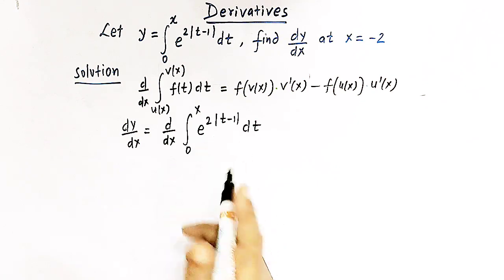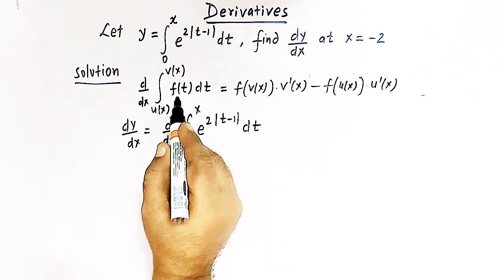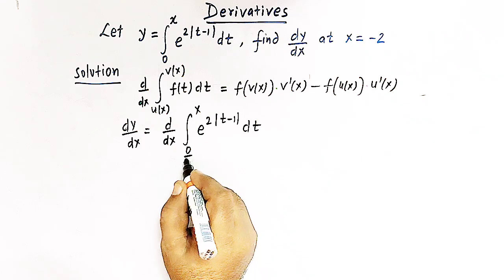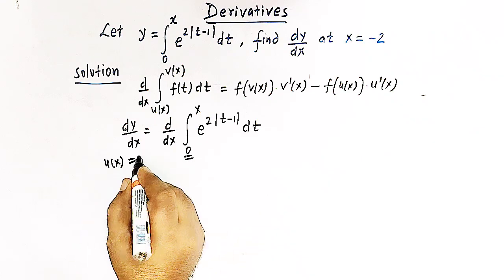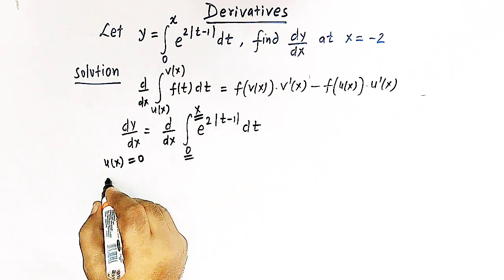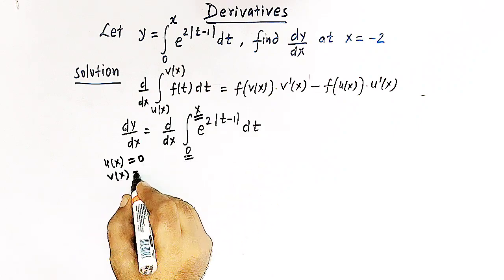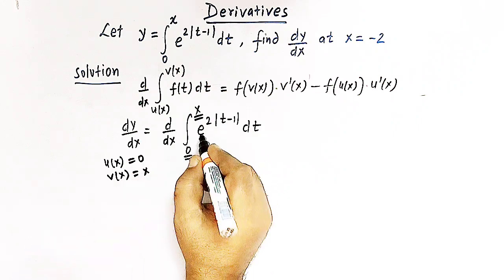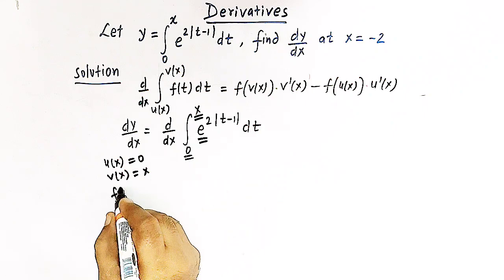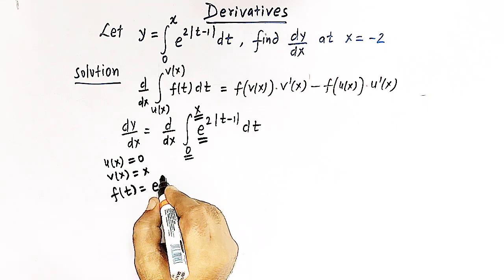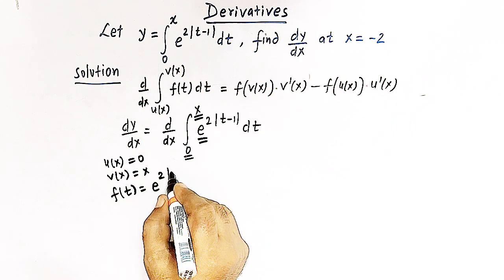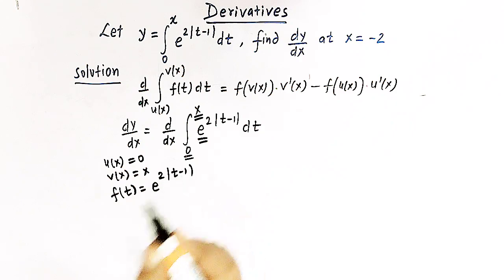If we compare this integral with the rule, we can see that the lower limit u of x is 0, the upper limit v of x is equal to x, and the function f of t is e raised to 2 times the absolute value of t minus 1.